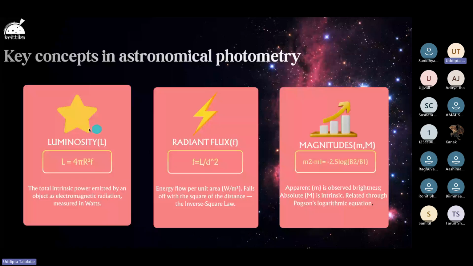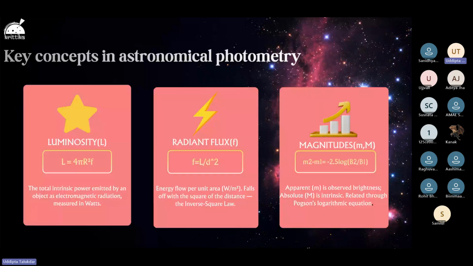It's intrinsic. It doesn't matter where you are standing. The luminosity of the star is fixed. It is basically how much energy a star pumps out every second in watts, just like a light bulb. A 100-watt light bulb and a 100-watt star are essentially the same idea.